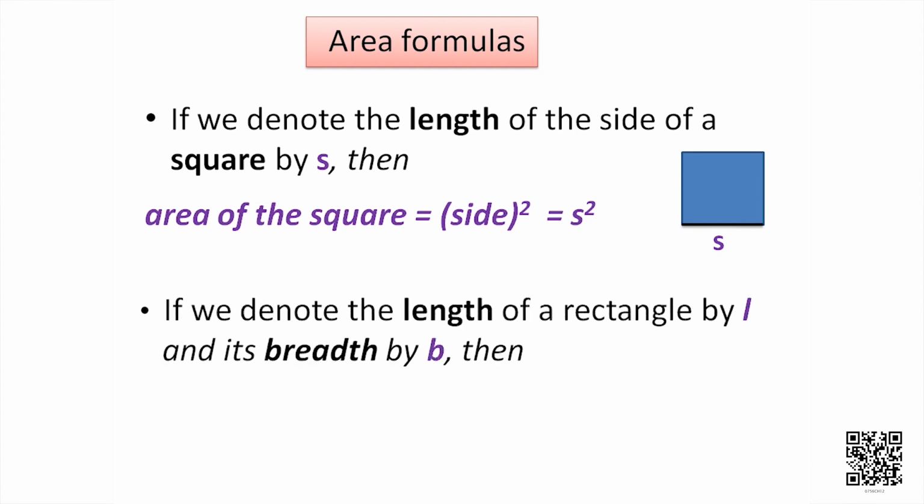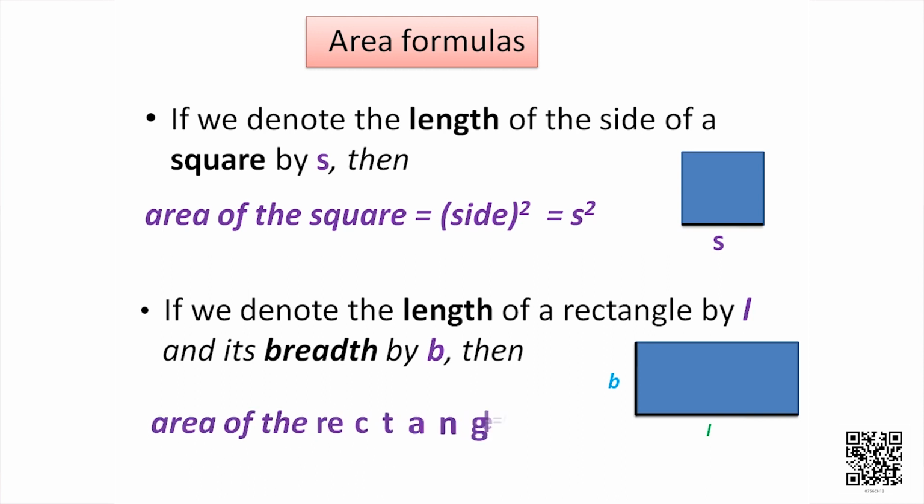If we denote the length of a rectangle by L and the breadth of the rectangle by B, then what will be the formula for this rectangle's area? Length multiplied by breadth. So, L multiplied by B gives you LB.